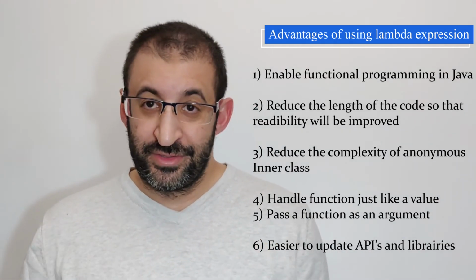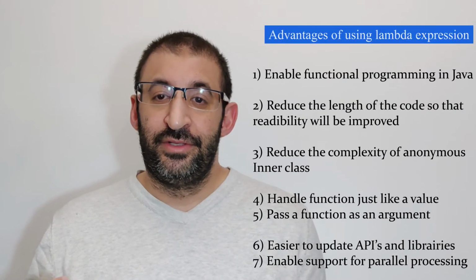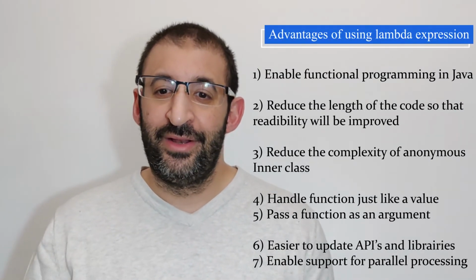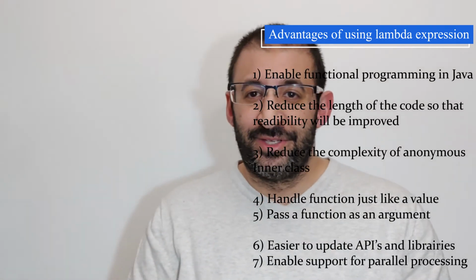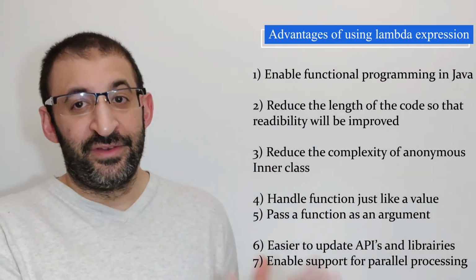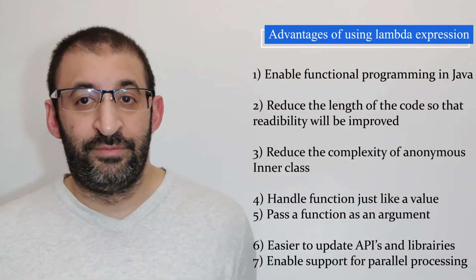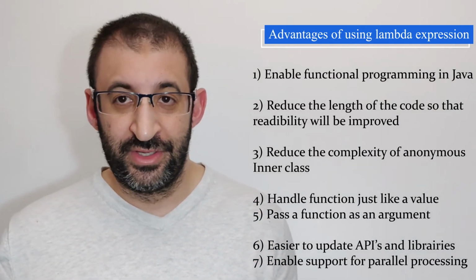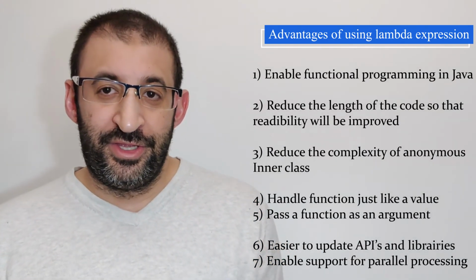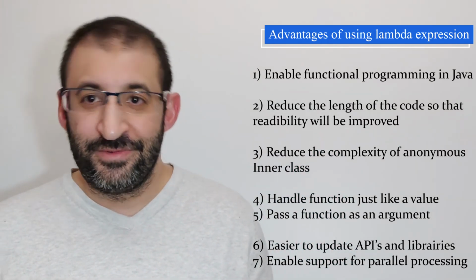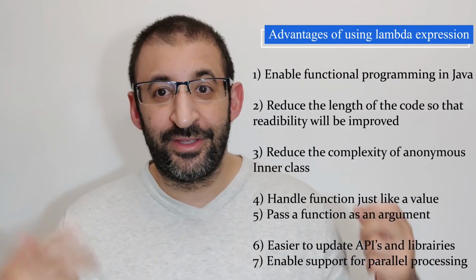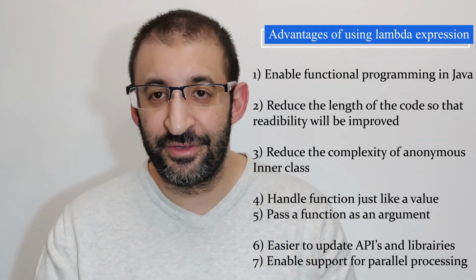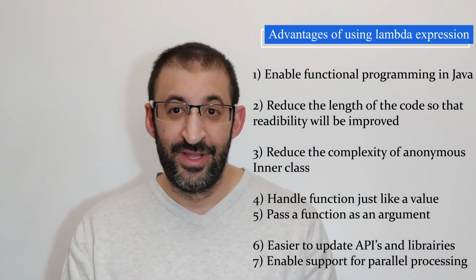And the last advantage, we can enable support for parallel processing. So that is the seven advantages of using Lambda expression. Inshallah, in the next chapter I will start to talk about default and static methods. This is a new feature in Java 8.